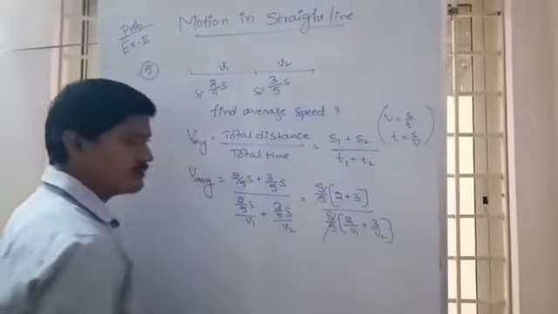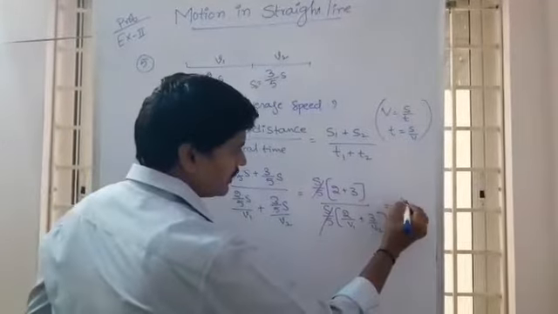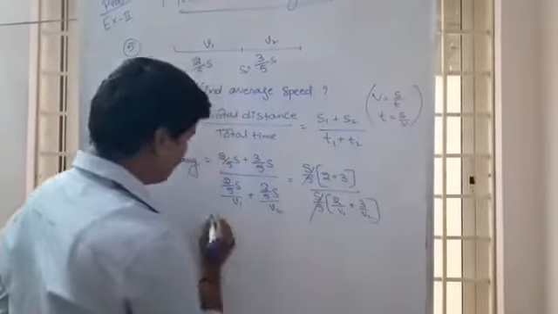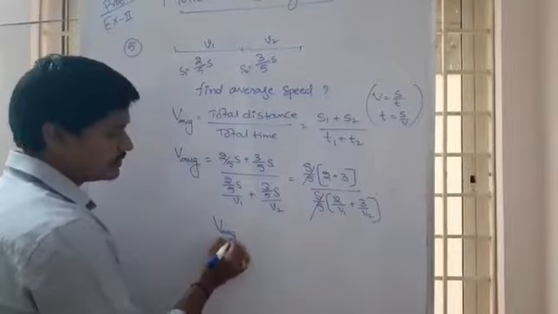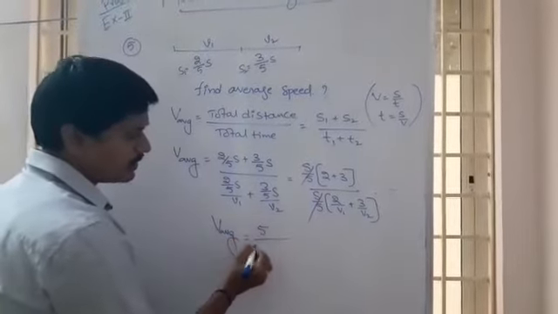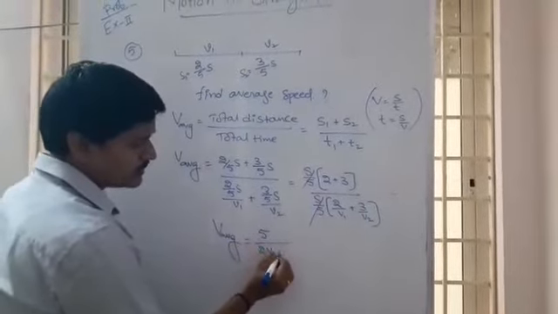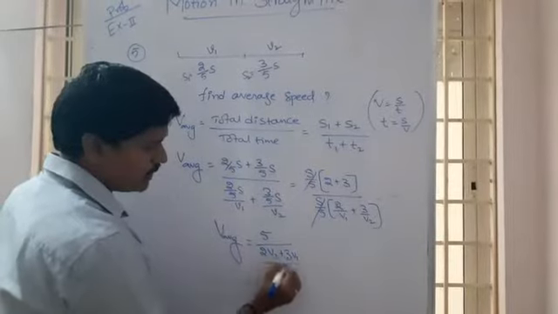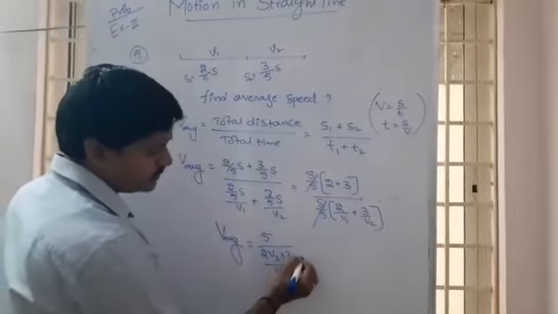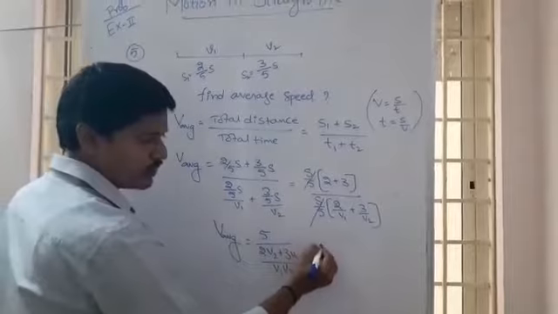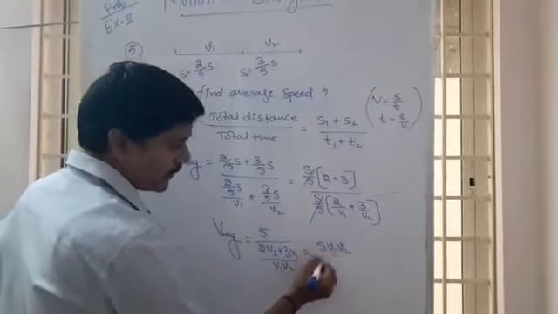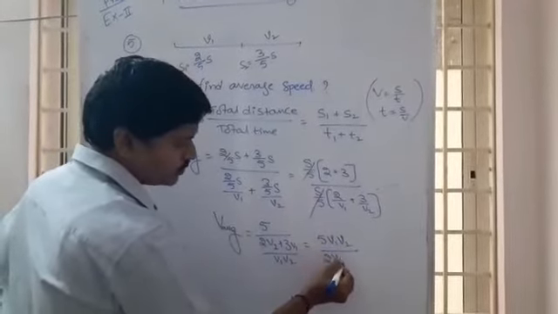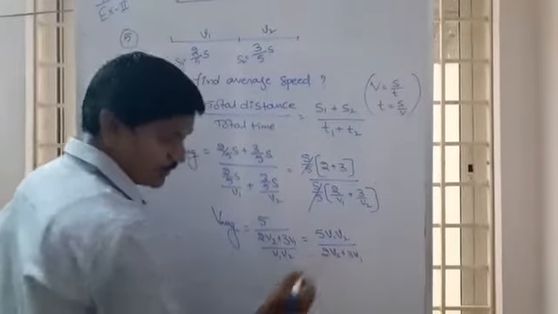S by 5 gets cancelled. So 5 divided by, then average speed is equal to 5 divided by (2v2 plus 3v1) by v1 v2. Taking it into the numerator, 5 v1 v2 divided by (2 v2 plus 3 v1).